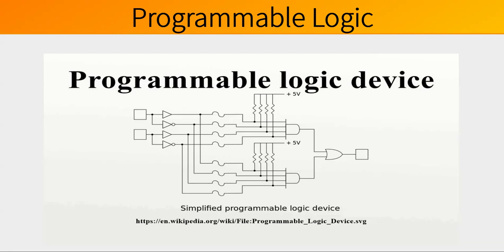Okay, so in this case, you would blow the fuse on the ones you don't want connected and just leave it connected where you want. So that would allow you to connect those inputs to any of the inputs on those other gates. And that's kind of the way the whole thing works. But imagine it with thousands of these things.